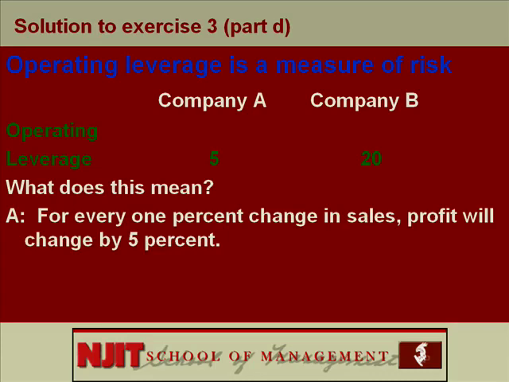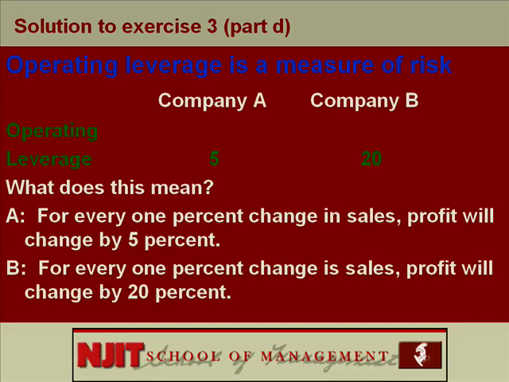Company A, it means for every 1% change in sales, the bottom line profit will change by 5%. So, if, for example, sales dropped 1%, the bottom line profit will drop 5%. It works vice versa. If sales increase 1%, the bottom line profit increases 5%.